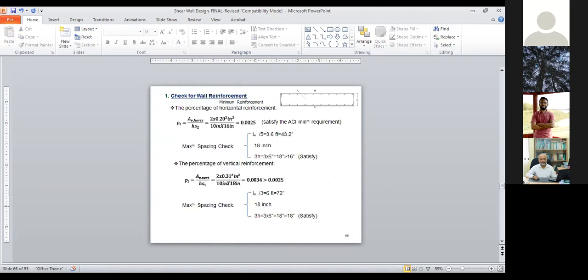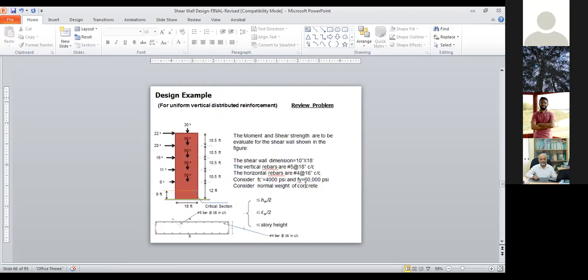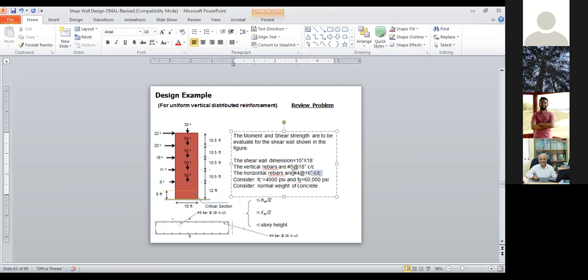So first we'll see whether the shear reinforcement is enough or not. First the longitudinal reinforcement, sorry, this is the horizontal reinforcement. So A_v horizontal, you have number 4 bar at the rate of 16 in center to center.